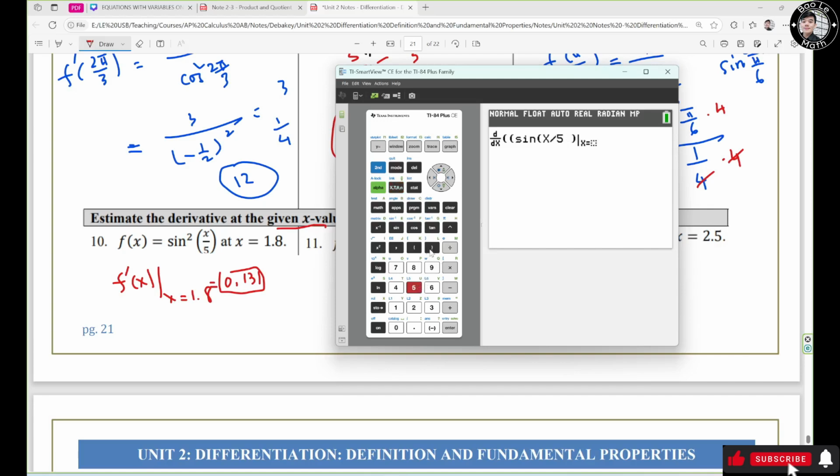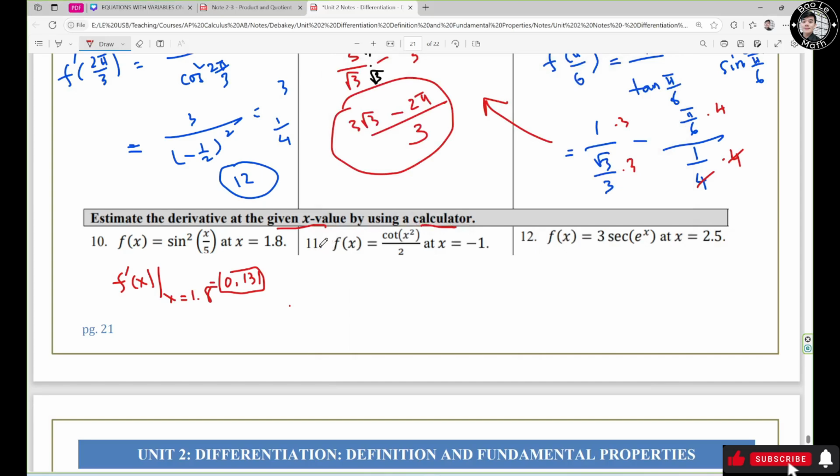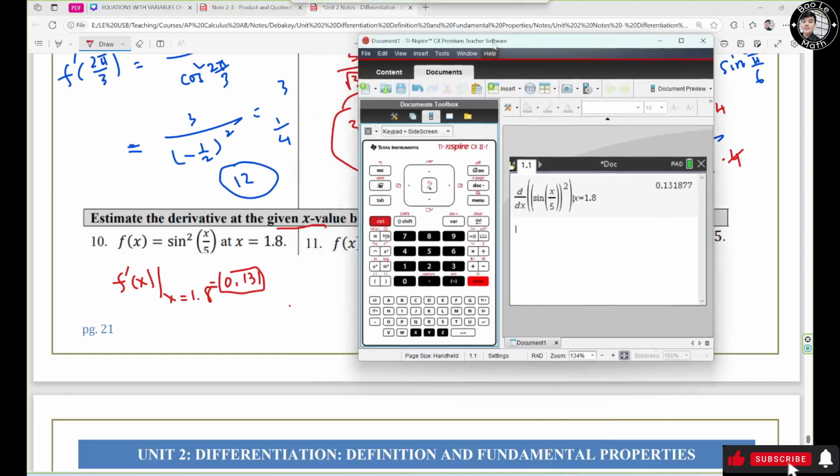And then I'm going to close parenthesis, and then I close parenthesis one more time. And I hit square, right? Now I put s equal 1.8 outside, and I hit enter. The answer is the same, 0.131, right? Now number 11, I'm going to bring up the calculator again, right?